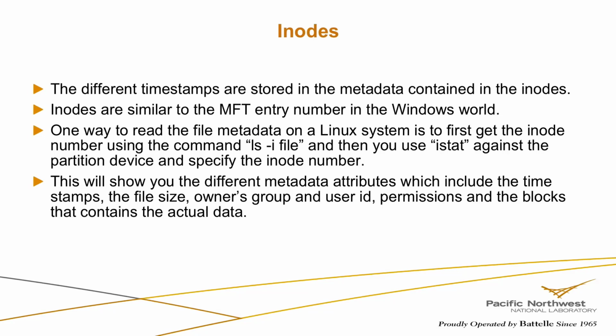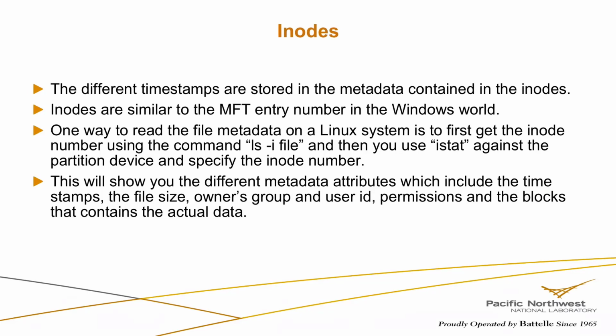To give a complementary idea back to the Windows world, there's a thing in Windows called the MFT, the Master File Table, and entries in the MFT are sort of like what an inode is. If you want to look at inodes, you can do ls -i on a file, and that will tell you the inode associated with the file.